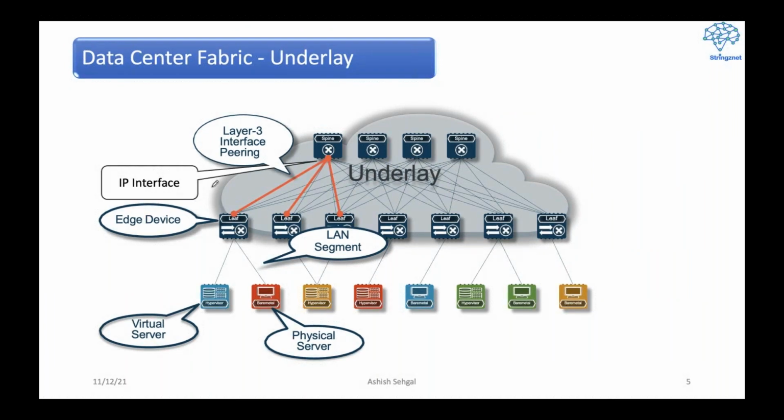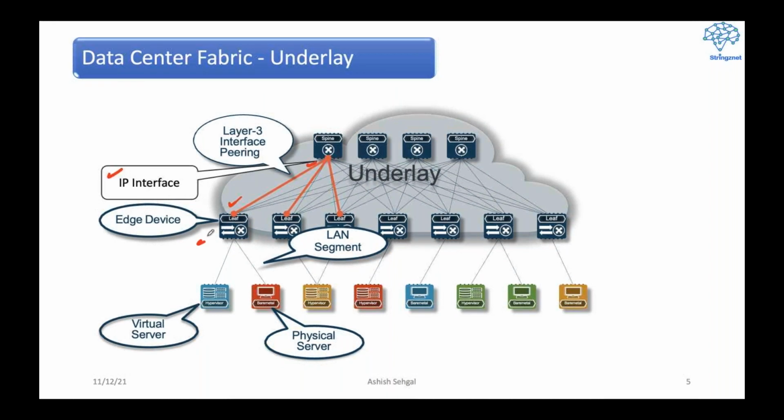So let us understand some common terminologies used in the case of underlay and overlay, and then we can compare them. In the case of underlay, we have layer 3 interface pairing between leaf and spine switches. That means over here we require a layer 3 address and here we require a layer 3 address. This means we have layer 3 interfaces and IP addresses configured.